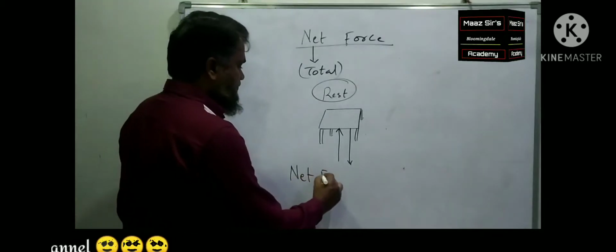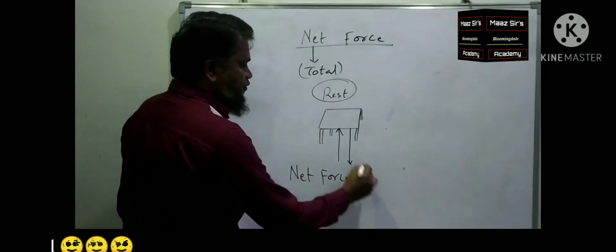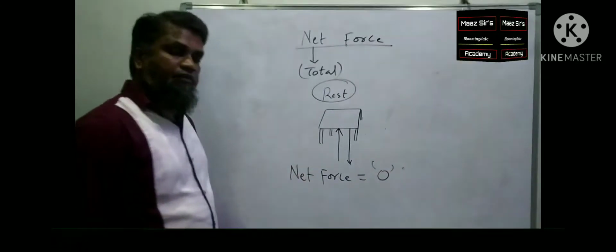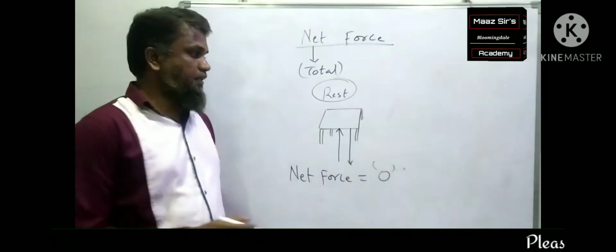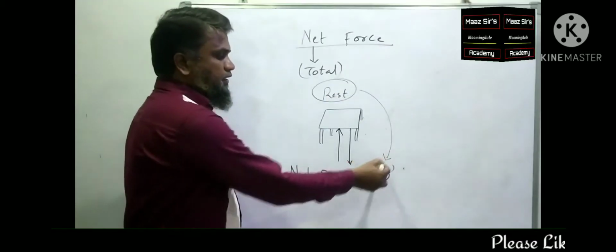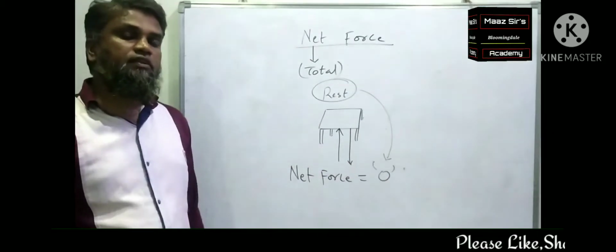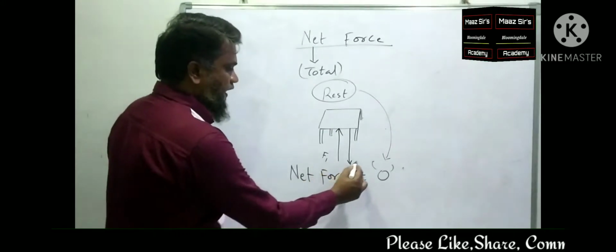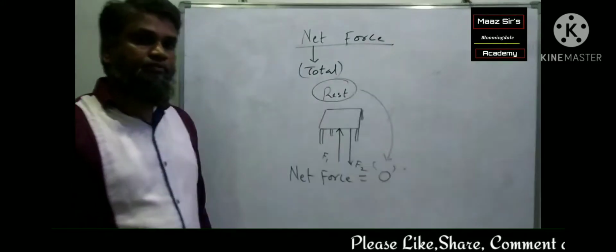So now we can say that the net force, or the total force, is 0. Whenever an object is at rest, the net force is always 0. This is F1 and this is F2.